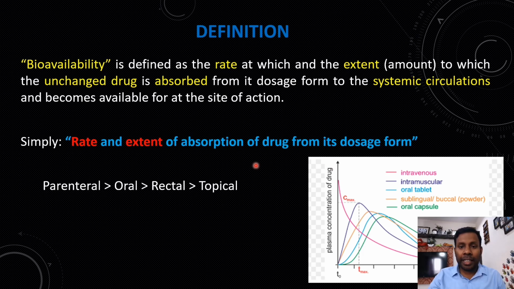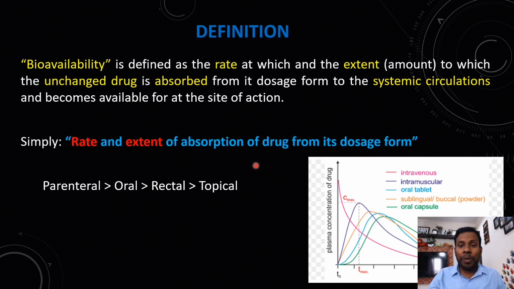Along with the rate, extent is also very important. How much drug is absorbed? In case of chronic conditions like epilepsy and hypertension, how much drug is being absorbed is very important. Suppose we are taking a 500 mg tablet, out of that only 100 mg is absorbed, then our goal cannot be achieved.